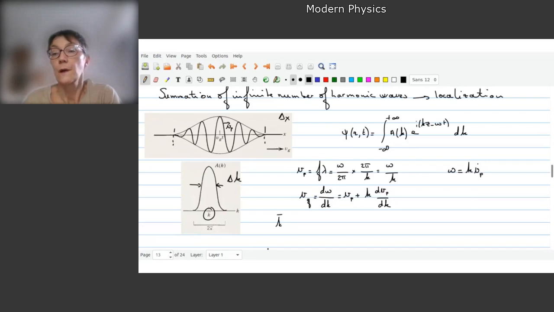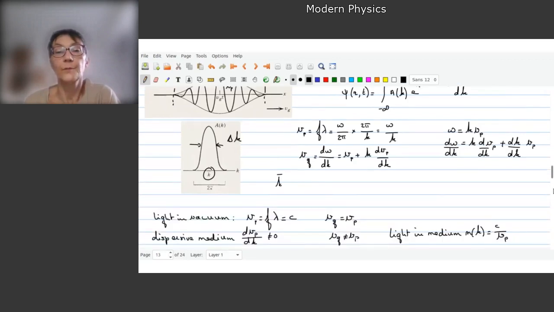As you have omega as a function of Vp, proportional through k, the group velocity will be Vp plus k dVp over dk. You obtain that the group velocity is the phase velocity plus this expression here.